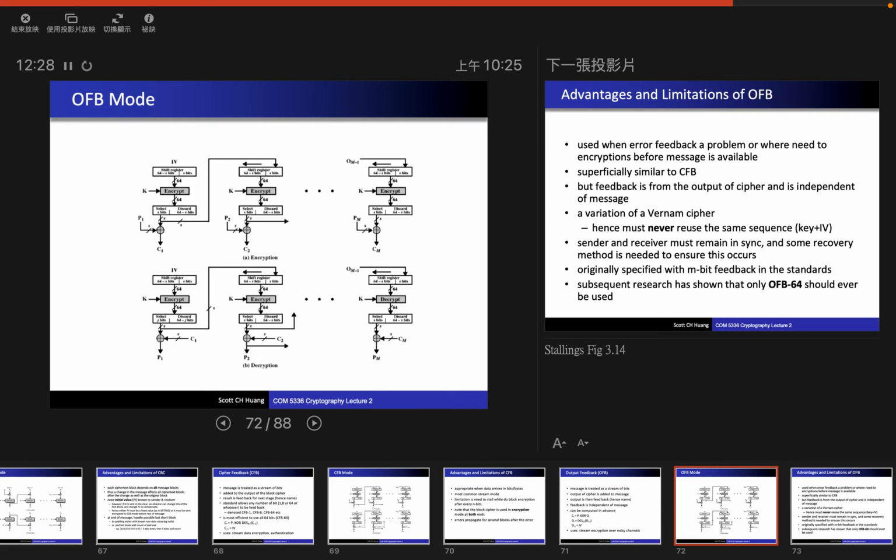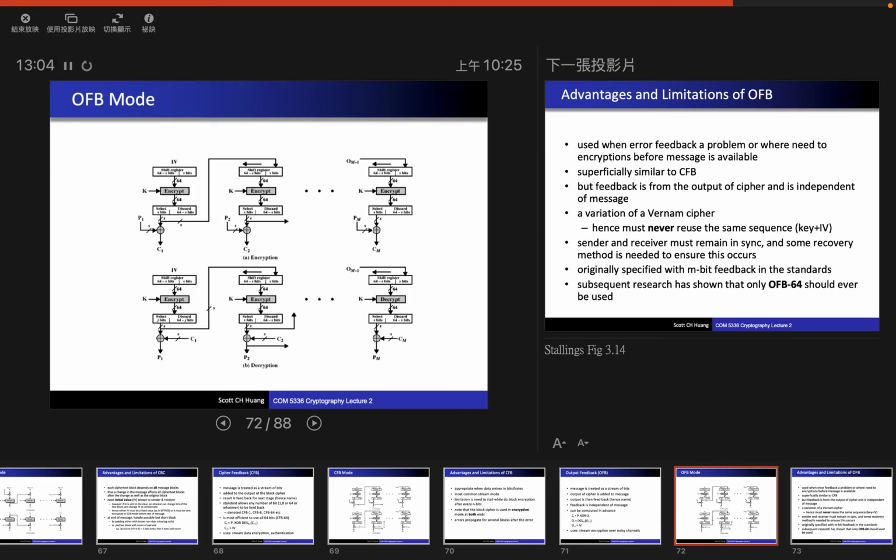Such a difference is enough to enable us to do pre-computation. If you do pre-computation, you calculate everything before the plain text comes in. It's almost like pseudo-random number generation. Right? You're actually calculating these pseudo-random numbers, and the actual encryption is nothing more than XORing the pseudo-random number with your plain text.